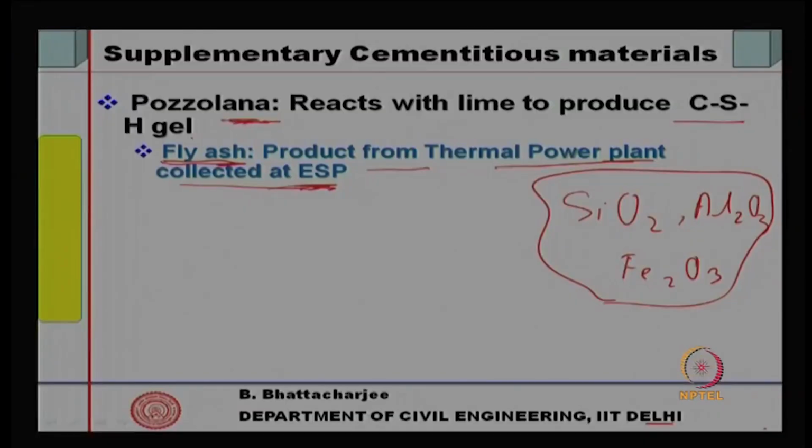For environmental reasons, you can't throw them to the environment, because they are a health hazard. So, it is collected in electrostatic precipitators, and if you can handle it dry, then this material shows pozzolanic property. In other words, this is clay ground, heated to a very high temperature of around 1800 degrees centigrade, and then suddenly exposed to air at 25 degrees centigrade.